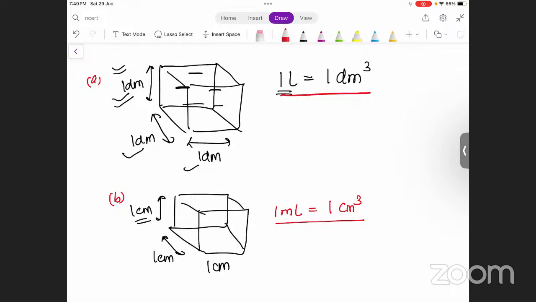Now, you have to tell me what's the relationship between centimeter and decimeter. Quickly tell me in the chat what's the relation between the centimeter and decimeter.